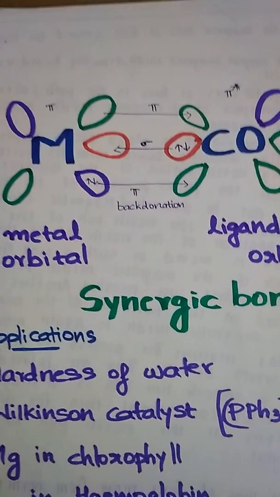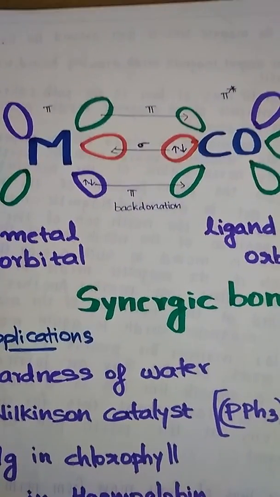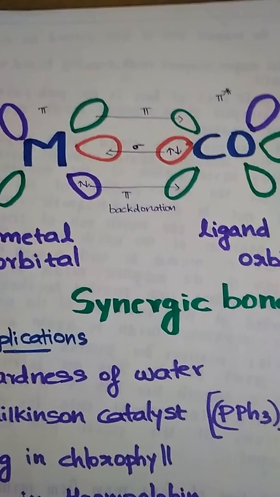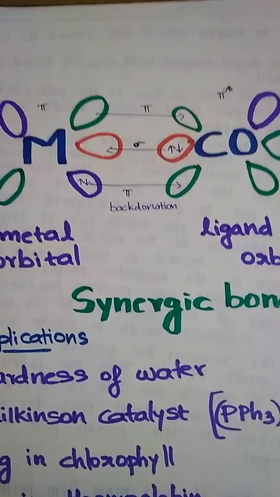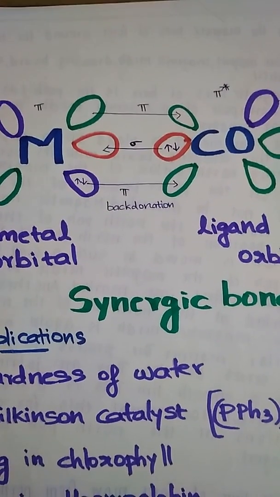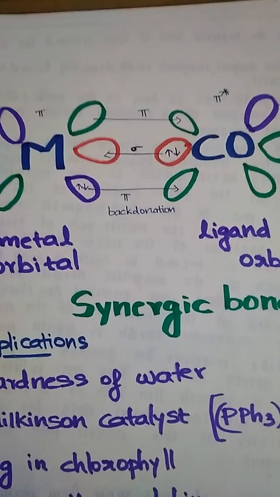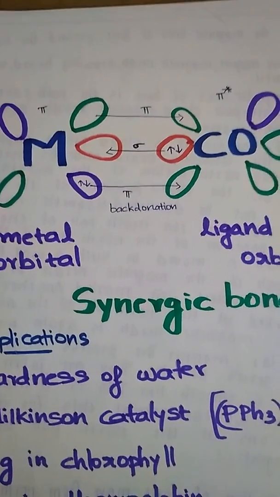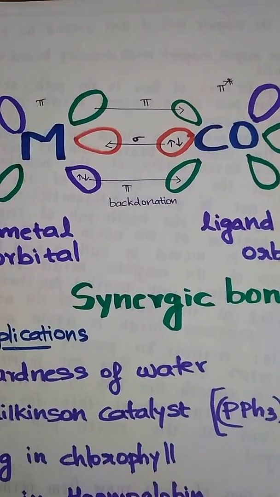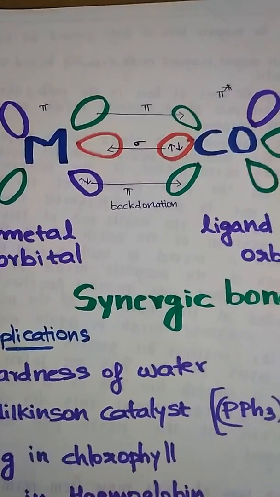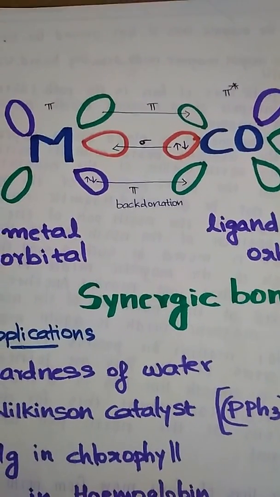This is how a metal carbonyl compound works. The metal orbital nourishes the CO vacant orbital, while the filled orbital of the CO ligand nourishes the vacant orbital of the metal. Thus, both the metal and the ligand nourish each other.